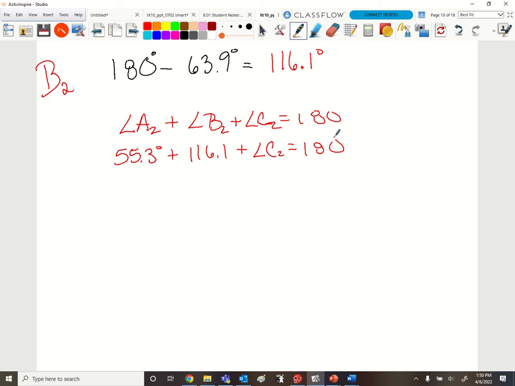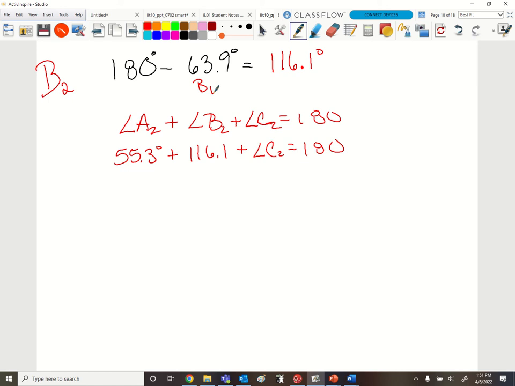This first angle is my B1. If there was only one triangle, that would be B from that triangle. But if there are two triangles, I would have a B from the first triangle and a B from the second triangle.